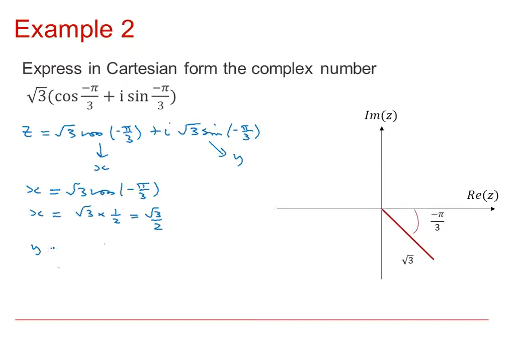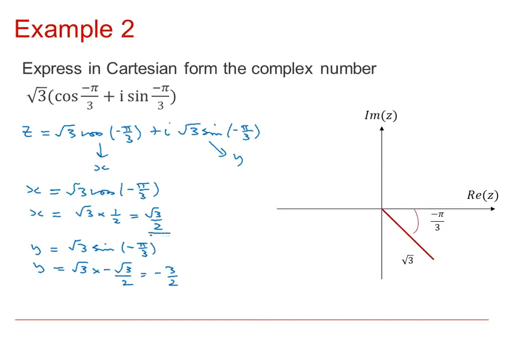And y is root 3 sine minus pi by 3. So y is root 3 times minus root 3 over 2, which is minus 3 over 2.